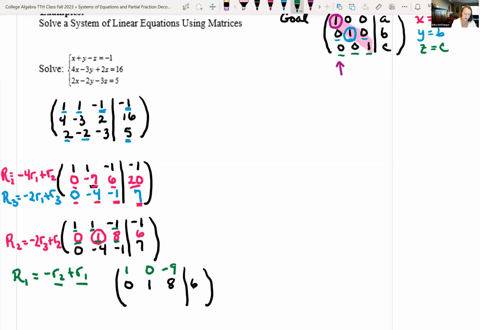Then I have -1 times 6 is -6. -6 plus -1 is -7. So now we're going to go and we're going to manipulate this.